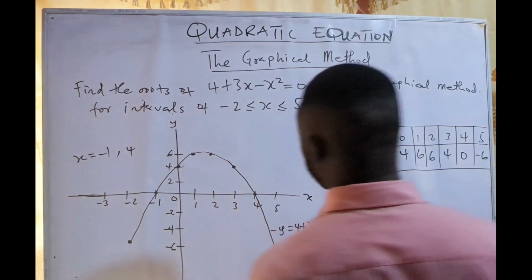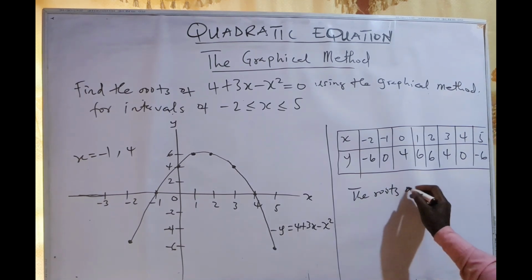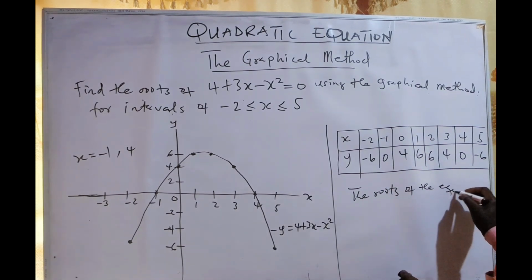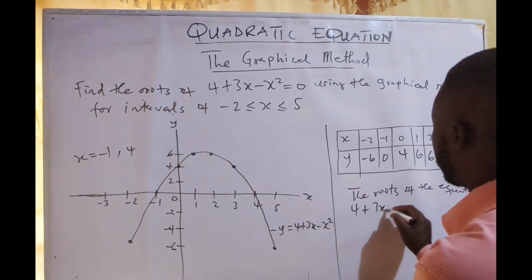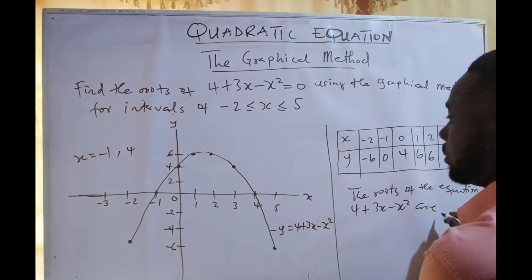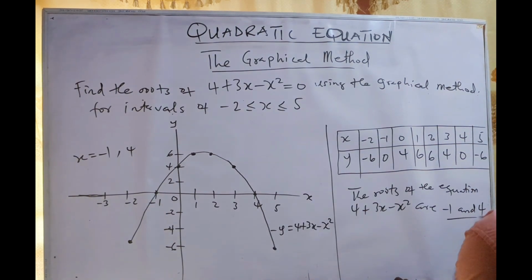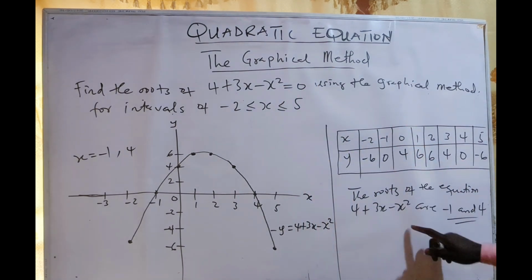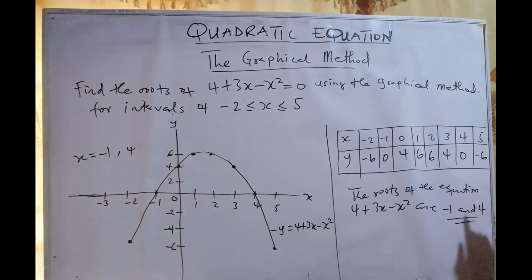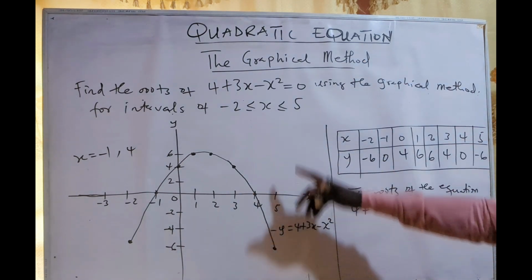So you come and conclude that therefore the roots of the equation 4 plus 3x minus x squared are -1 and 4. So when you solve 4 plus 3x minus x squared equal to 0, these are the values you are going to get. You are going to get x as -1 and then x as 4. And these two values will satisfy the equation.